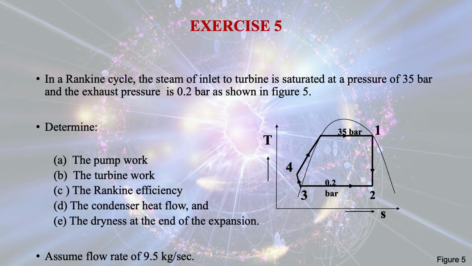The last problem is, in a Rankine cycle, the steam at inlet to turbine is saturated at a pressure of 35 bar and the exhaust pressure is 0.2 bar, as shown in figure 5. Determine the pump work, the turbine work, the Rankine efficiency, the condenser heat flow and the dryness at the end of the expansion, assuming flow rate is 9.5 kg per second.